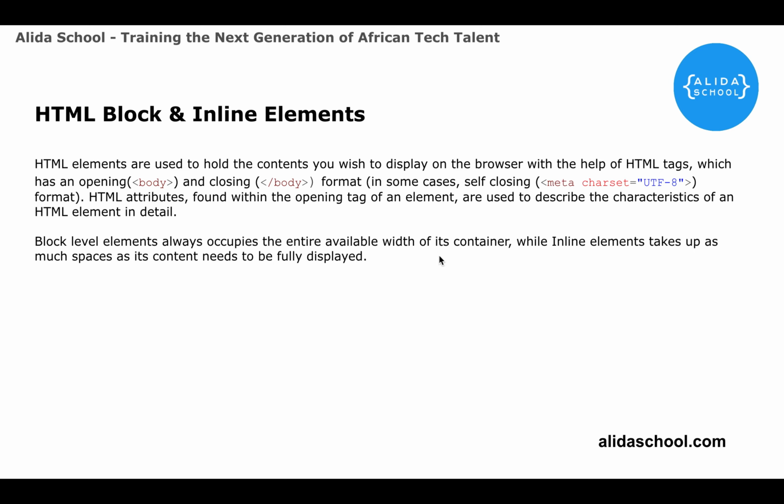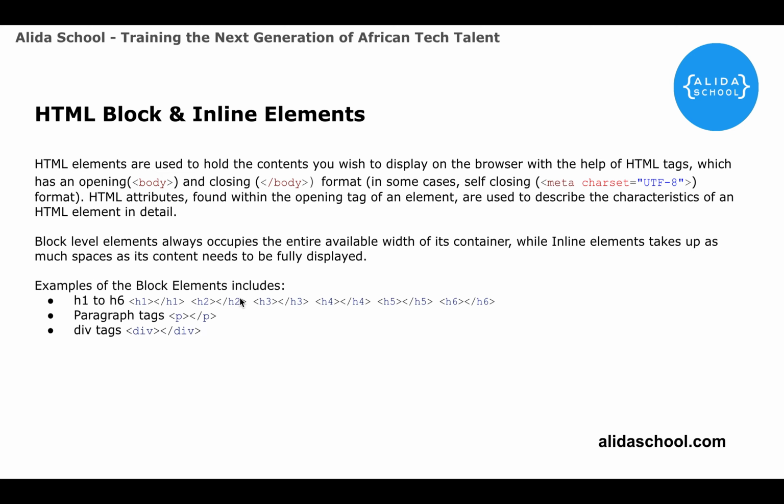HTML attributes, which are found within the opening tag of an element, are used to describe the characteristics of the HTML element in detail. We have block level and also inline level elements. Block level elements are essentially those HTML elements that take up the entire width of its container.